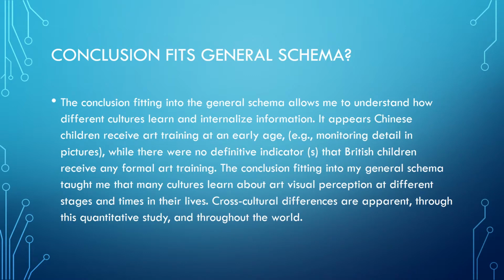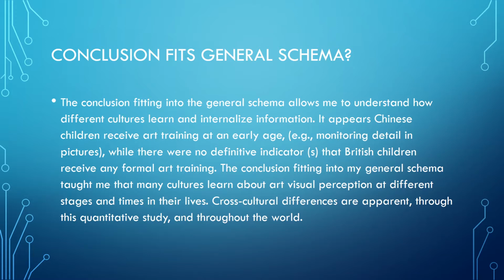The conclusion fit in the schema. Well, I can say that it's refreshing to know that different cultures internalize information in a different way. It appears that Chinese children receive formal art training at an early age, where they monitor details in pictures, whereas British children from this particular study didn't state if they got formal training, if they had to pay attention to detail, or if they learn about mood metaphors.